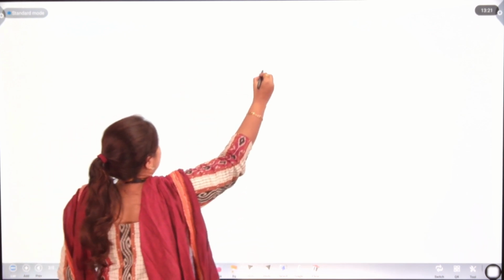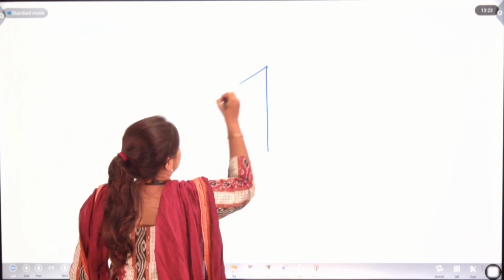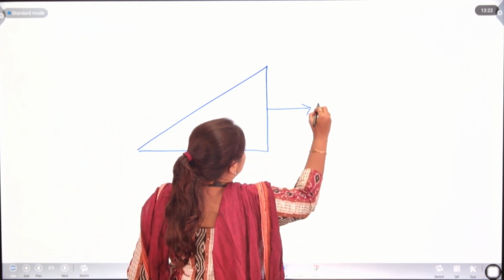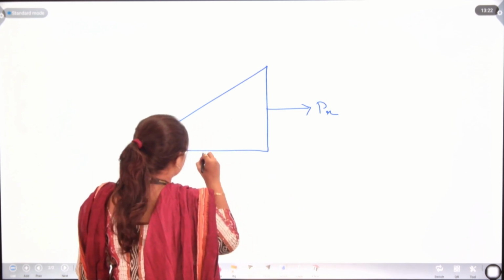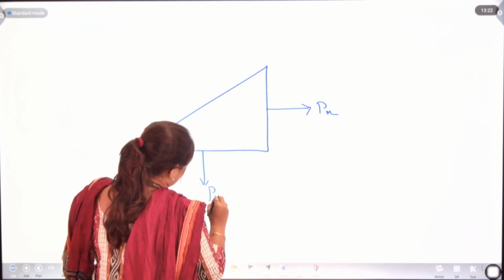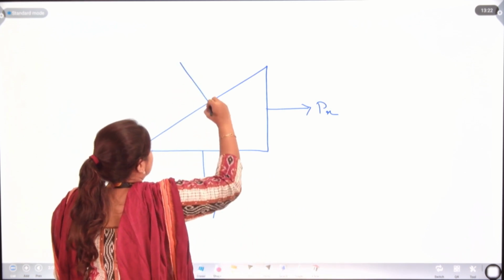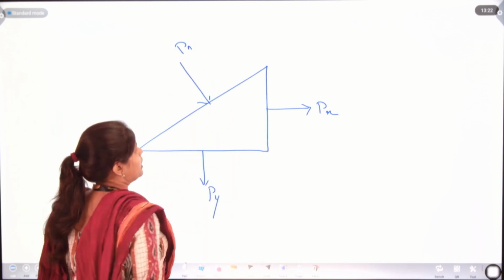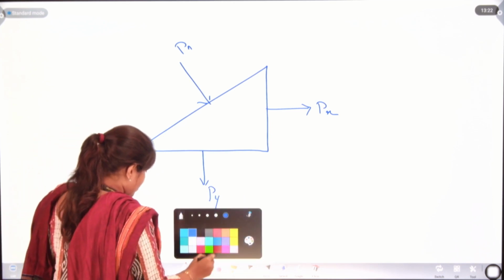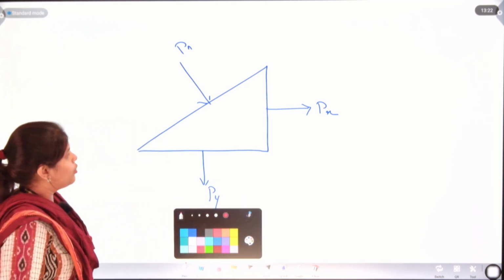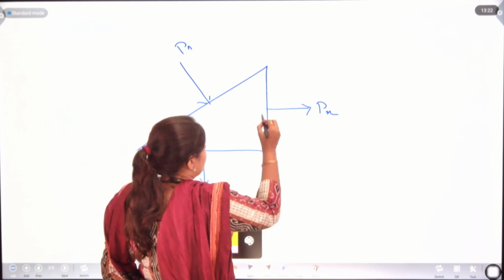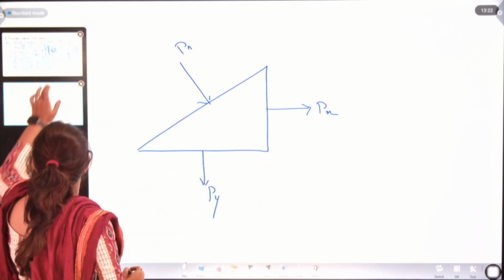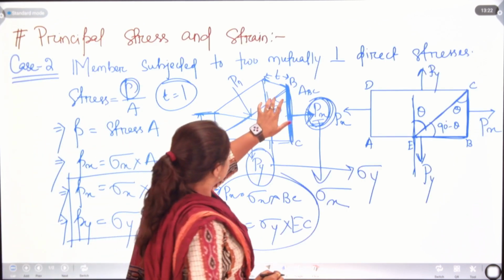Now, if we draw that diagram here, here we have Px and here we have Py, and in this direction we have Pn. Still we have the angle theta here.